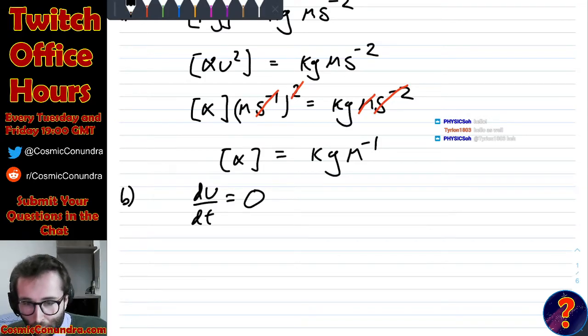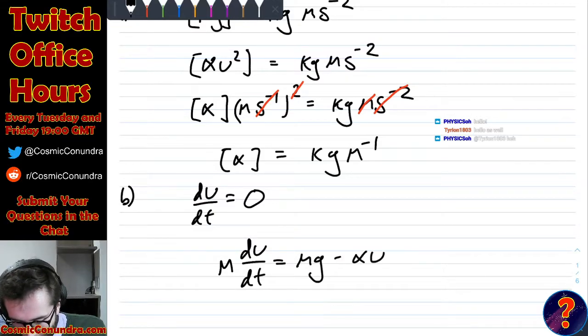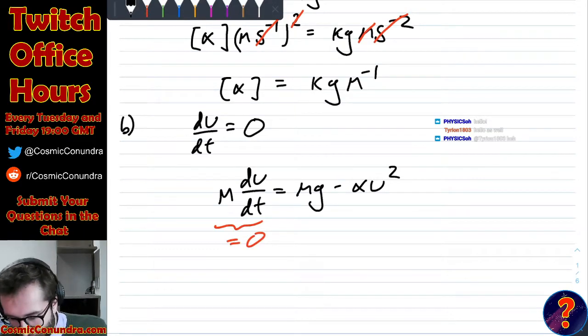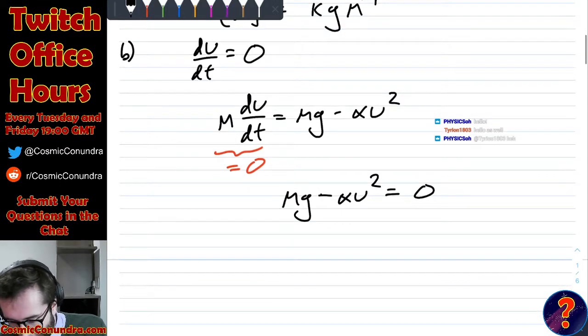And if we look back at our equation, which was this, I'll write it down. That, straightforwardly, you can see, means that the whole left side of this equation must be 0. Therefore, we have mg minus alpha v squared is 0.